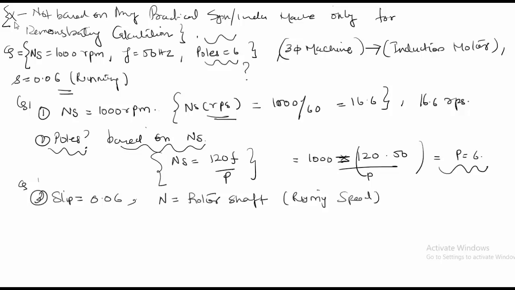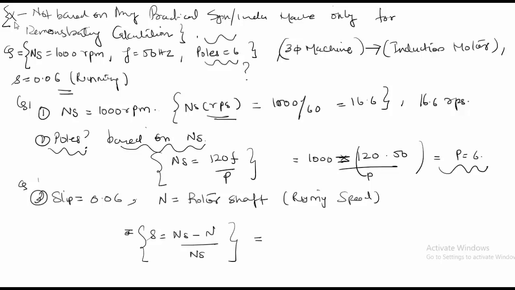It's very simple to calculate. Your slip is given as S equal to Ns minus N divided by Ns. So this is the formula of slip.